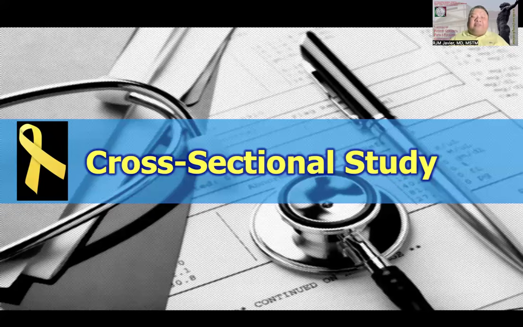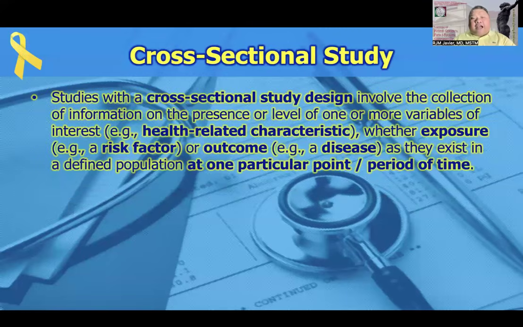Then the last study design for this session would be your cross-sectional study. As I've mentioned earlier on, your cross-sectional study is a very unique study design because it can be purely descriptive in nature, or it could be regarded as the weakest observational analytical study design. Cross-sectional studies would involve the collection of information on the presence or level of one or more variables of interest, whether exposure or outcome, as they exist in a defined population at one particular point or one particular period of time.